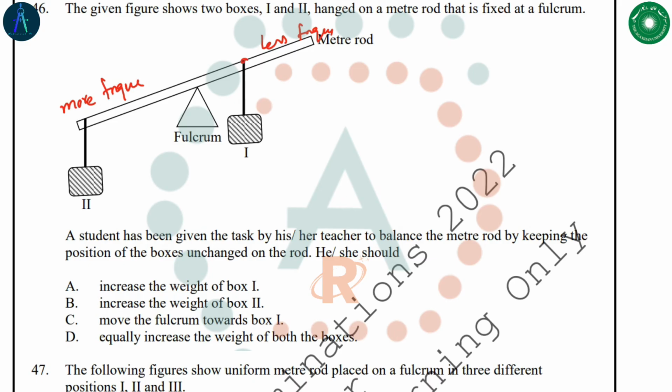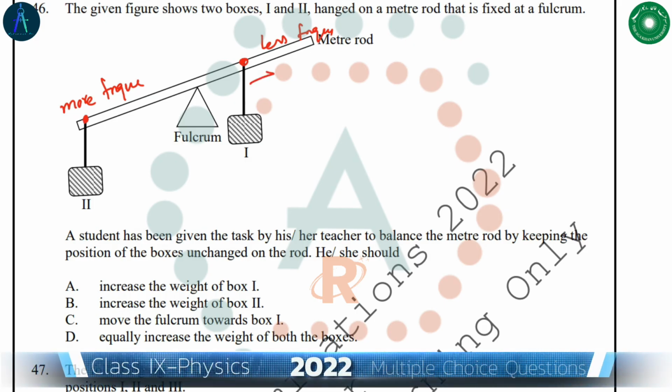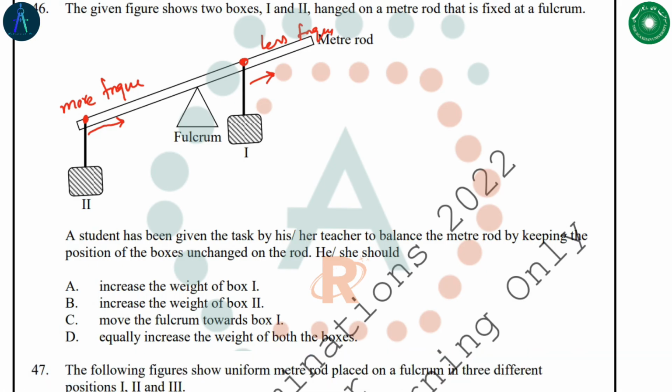So, if these positions are fixed, we cannot change this position. To balance this rod, this object should be moved further away, or this object should be moved nearer to the fulcrum. But in that case, we are not allowed to move the position. So this means that we have to increase this weight.